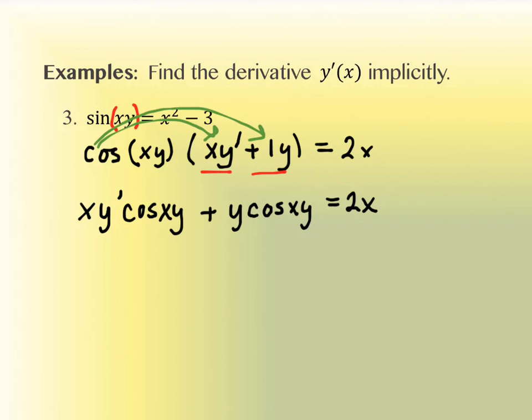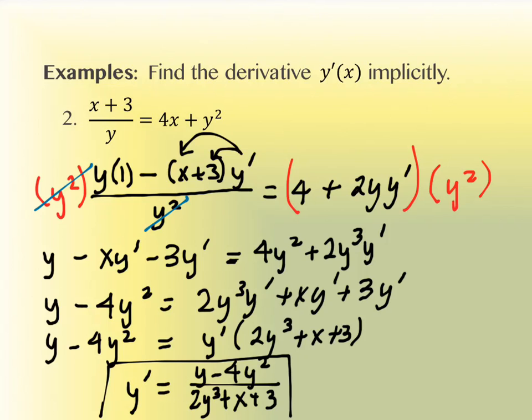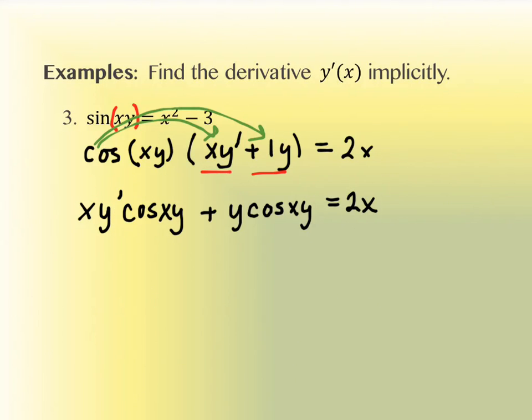It's worth noting on this one, and it was true on the last one as well, although this one's even worse, solving this for y wouldn't be possible, at least not with the things we've worked with so far. We could solve this particular one for y, but if we did, you would have an inverse sine, right? The sine with the little -1 looks like an exponent, and you do not have any derivative rules for those yet.